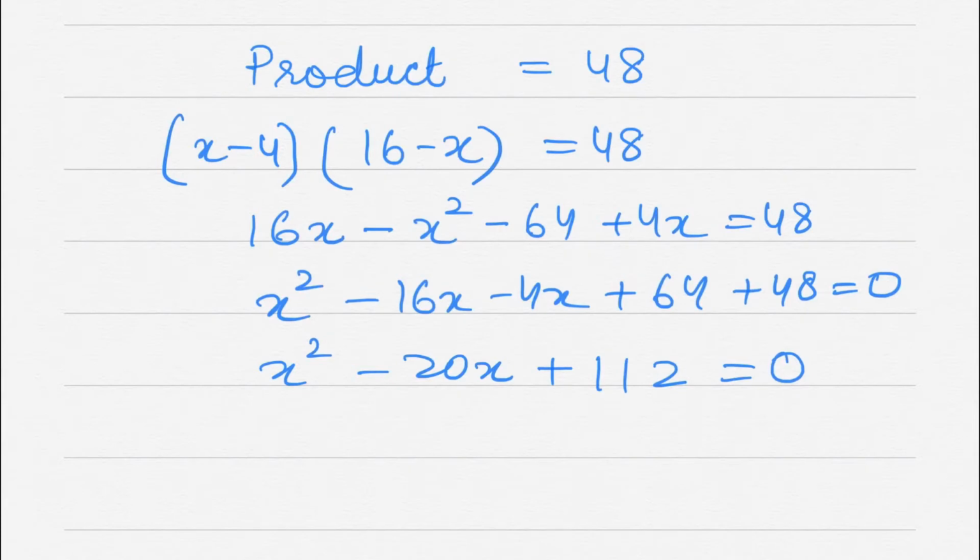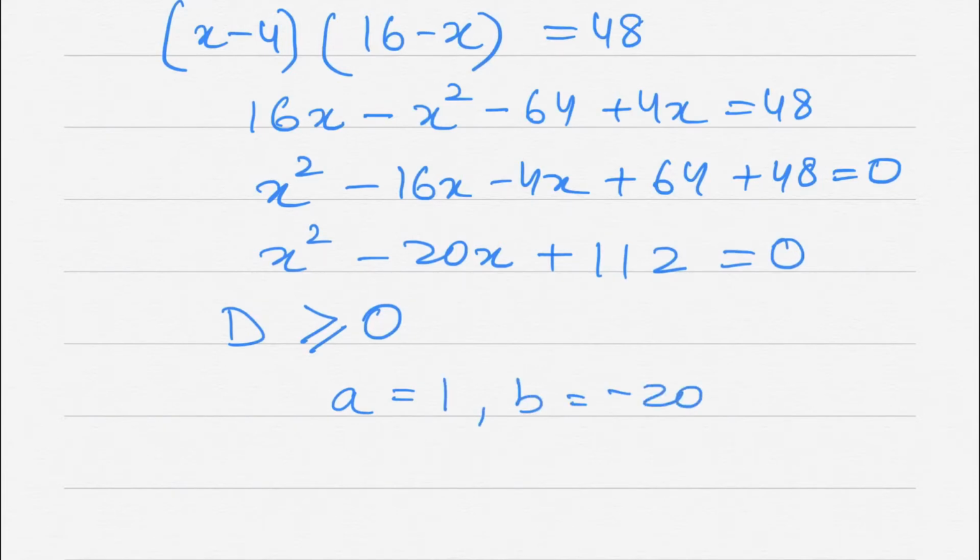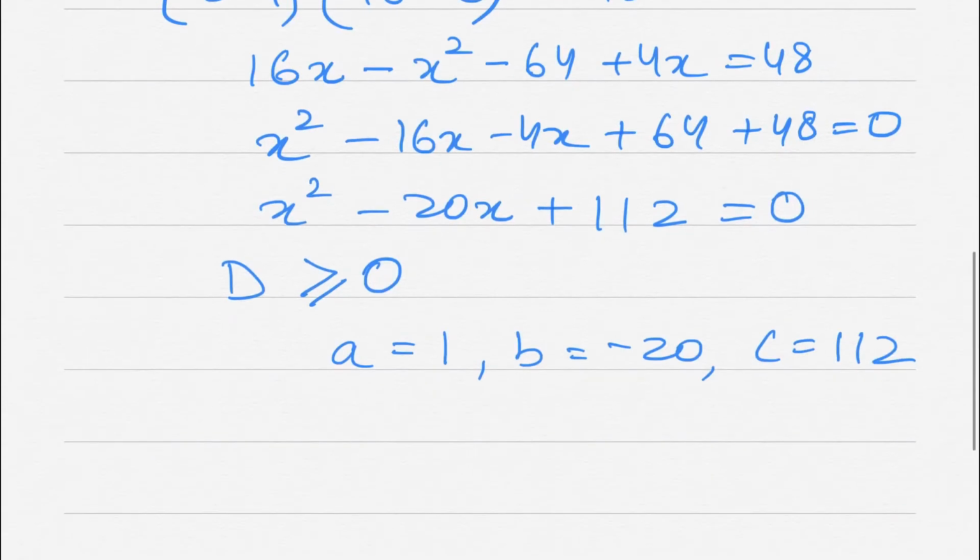Now let's check if they have real roots. I can check before finding out the roots. My discriminant should be greater than or equal to 0. So my a is equal to 1, b is equal to minus 20, and c is equal to 112. The discriminant, b square minus 4ac, should be greater than or equal to 0.